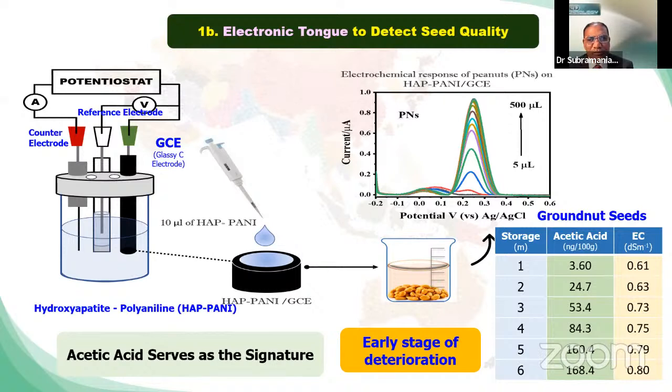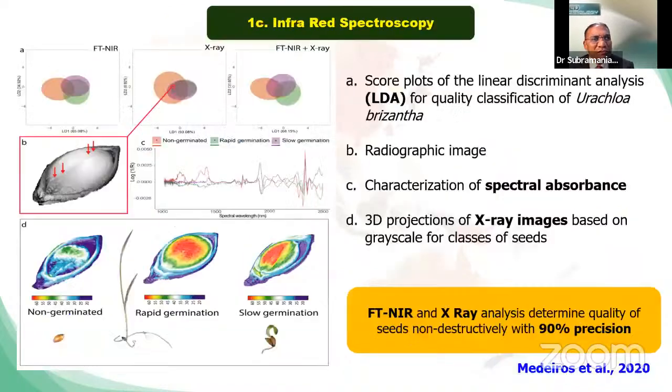And the third important measure, next slide, please. The third method is infrared spectroscopy. It is another non-destructive method, where no sample preparation is required for the seed quality analysis. We use FTIR, Fourier transform infrared spectroscopy, and X-ray spectroscopy, used in combination to measure the quality of the seed.